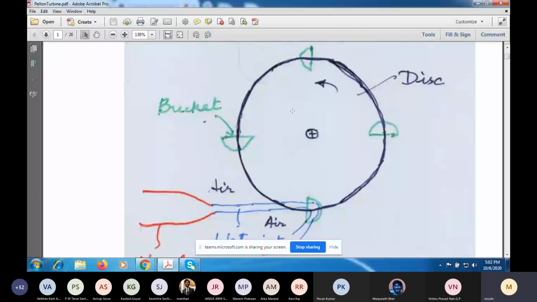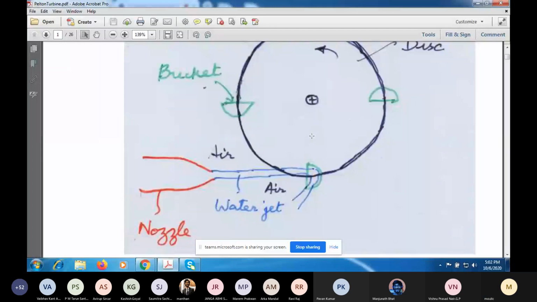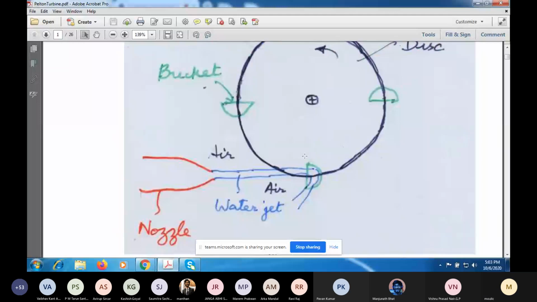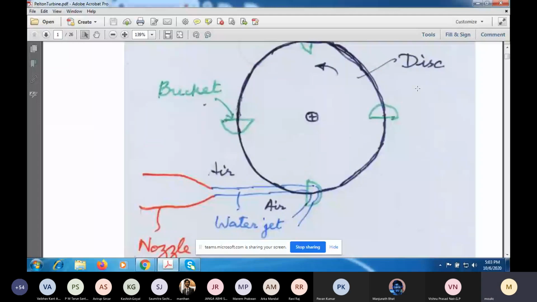And this small circle here is the shaft, and this plus sign is the center of the shaft. So you have a nozzle which I have shown in red. A jet of water will be directed from the nozzle to one of the buckets. In this figure, I've shown only 4 buckets, but there will be a large number of buckets in general.